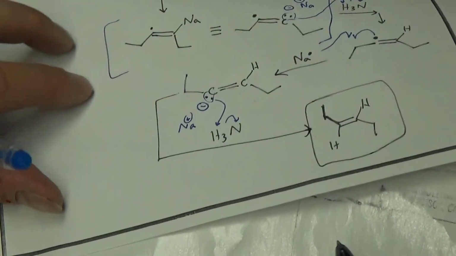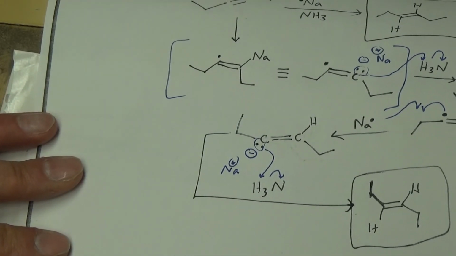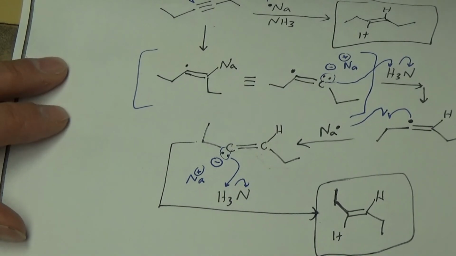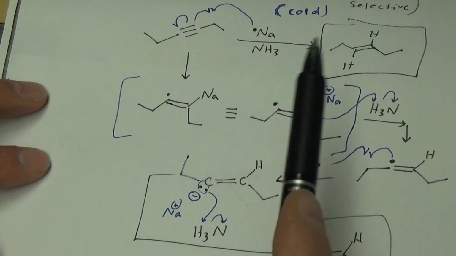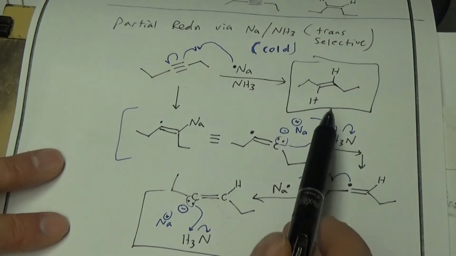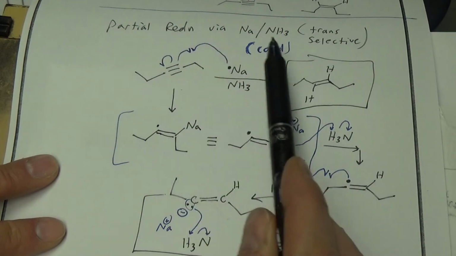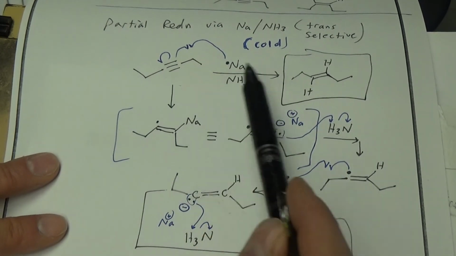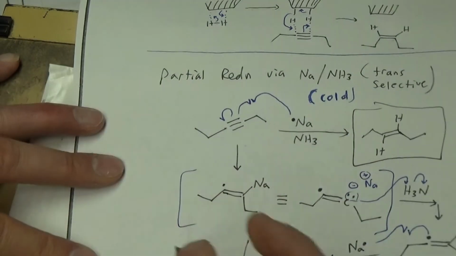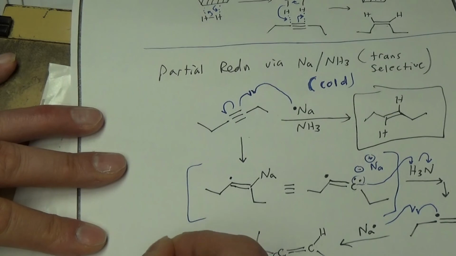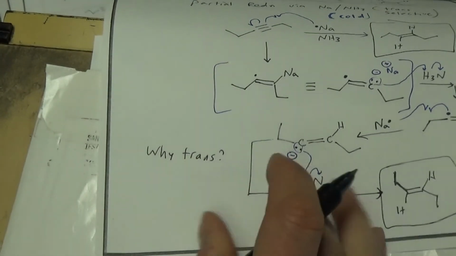I'll state that in a couple words down here too. All right, so let's summarize this last reaction: the trans-selective partial reduction of an alkyne to the trans-alkene. So let's say this in a couple words. Why is the product trans?